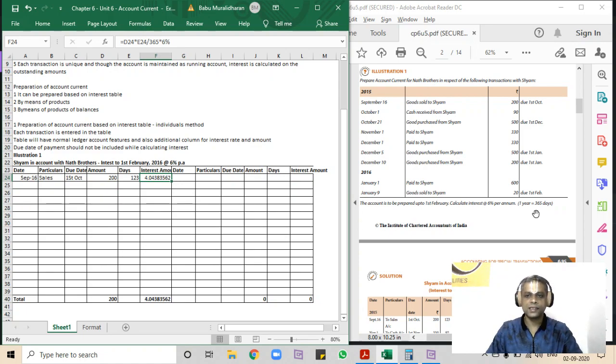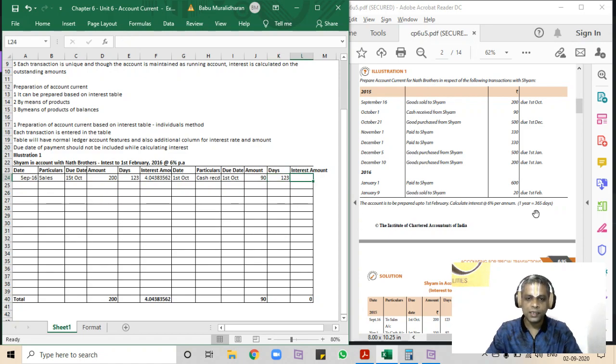Similarly, next transaction, cash received from Shyam. Shyam has settled on 1st October. Cash received, and due date is 1st October again, because that is when the payment has come. Amount is 90 rupees. And number of days is equal to 123 because payment has happened on 1st October.